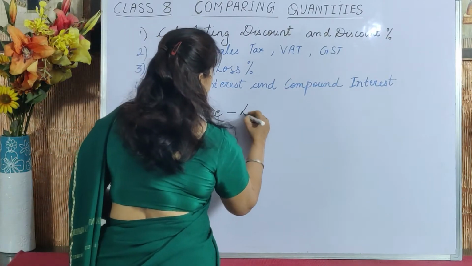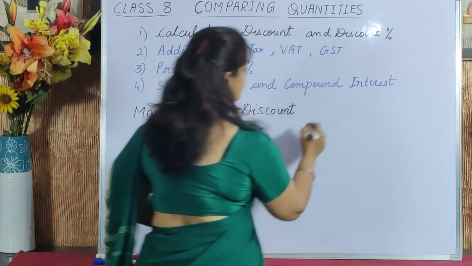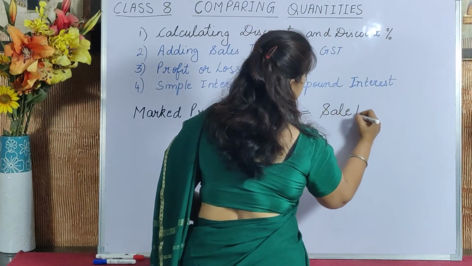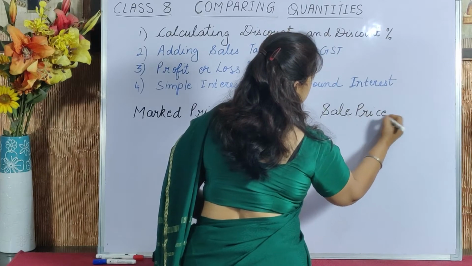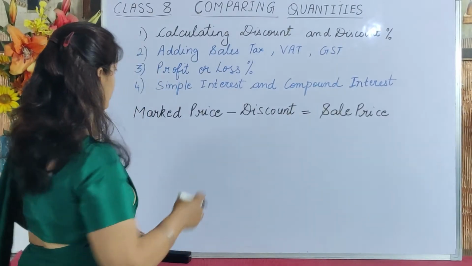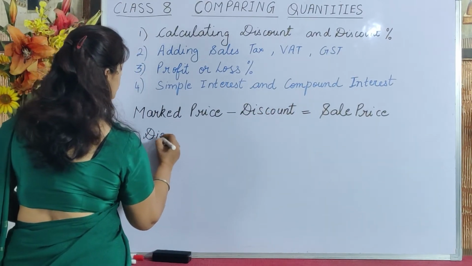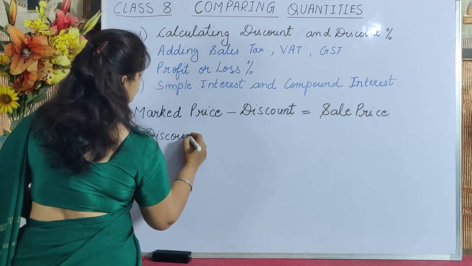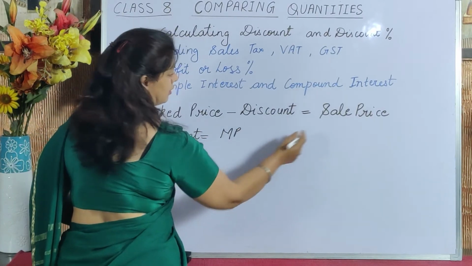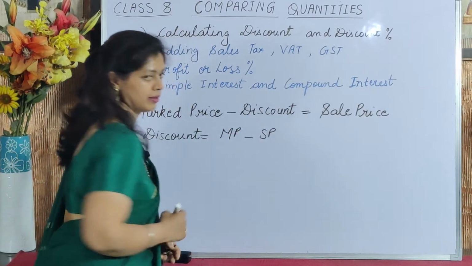So, mark price minus discount, since it is a reduction, gives the sale price. Sale price is nothing but the price we are required to pay for the product. Now, if I bring discount to the other side, I can say that discount is equal to mark price, I bring sale price to this side, minus the sale price.